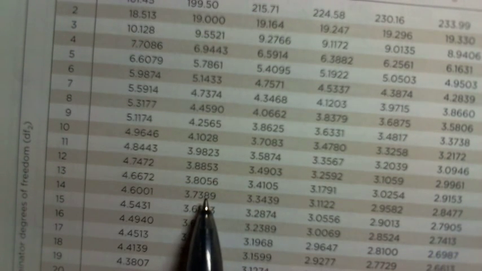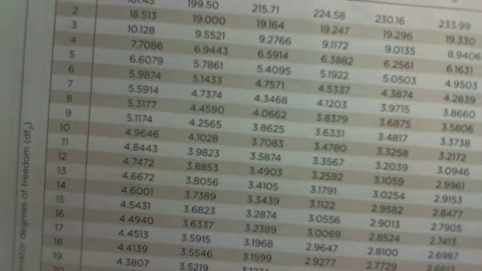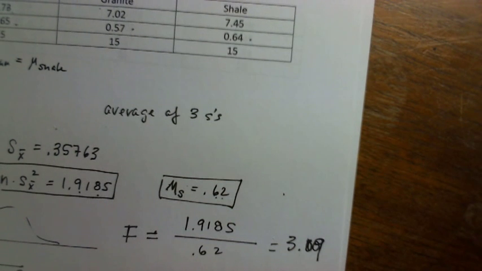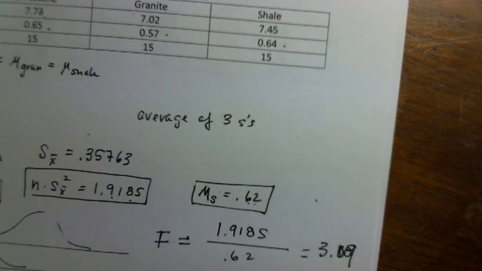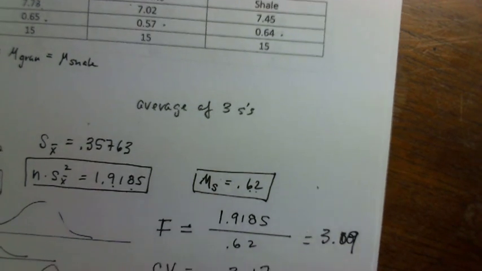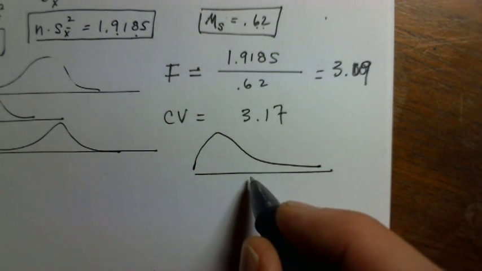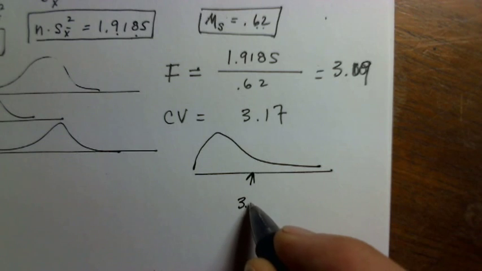The numerator degrees of freedom is 2, the denominator degrees of freedom is 14. So our critical value, CV, was equal to 3.17. What that means is the F statistic looks kind of like this. Our test statistic was here.